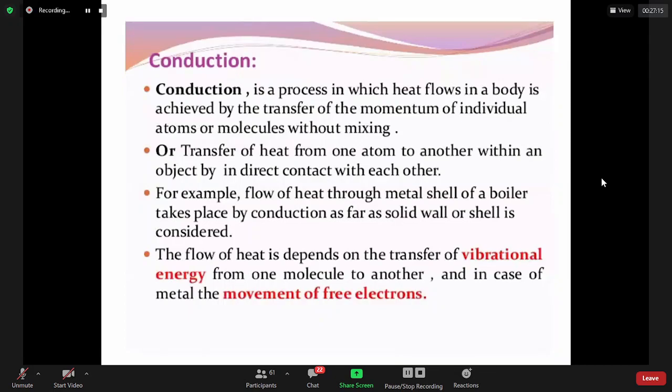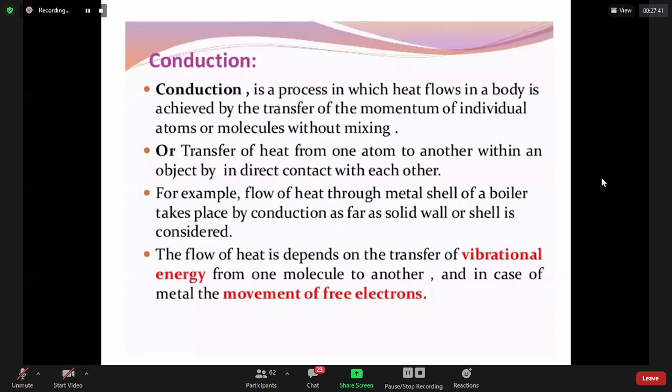Now, if we go into detail with conduction, this is the process in which heat flows in a body, achieved by the transfer of the momentum of individual atoms or molecules without mixing.